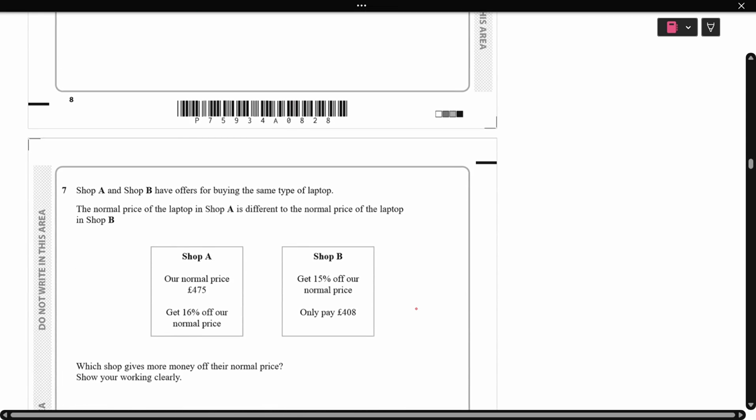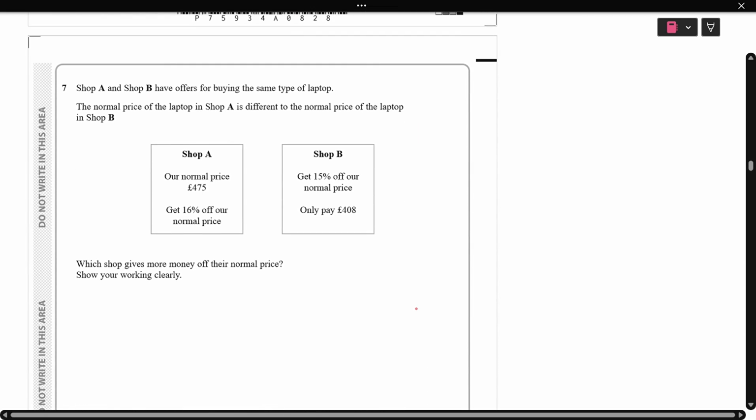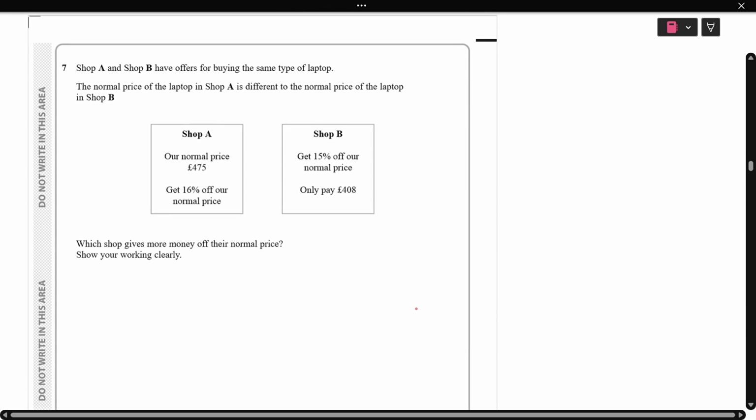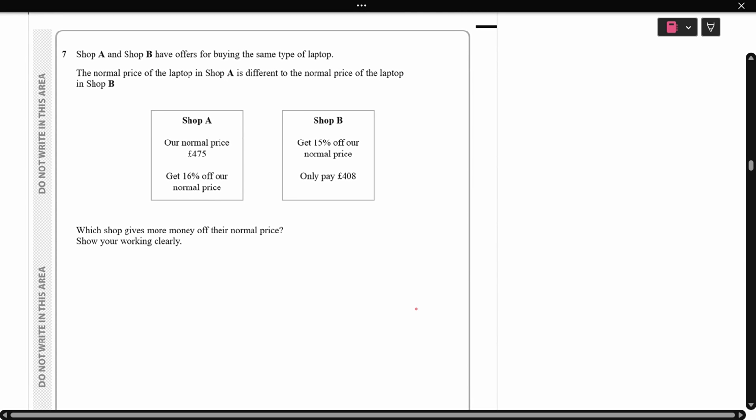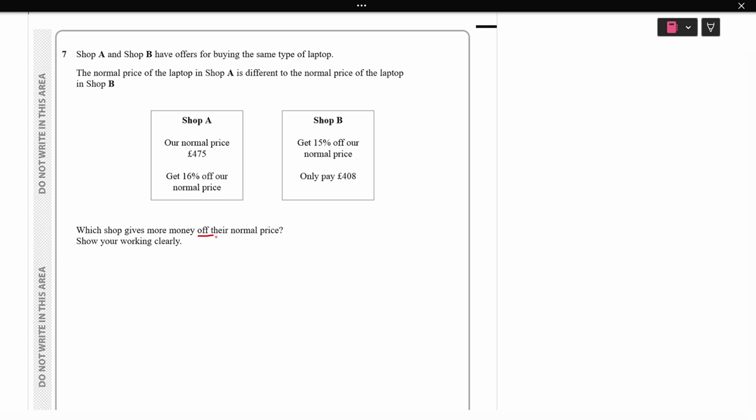Okay, next question. Shop A and Shop B have offers on buying the same type of laptop. This shop gives more money off their normal price. First, Shop A: normal price is 475, 16% off.